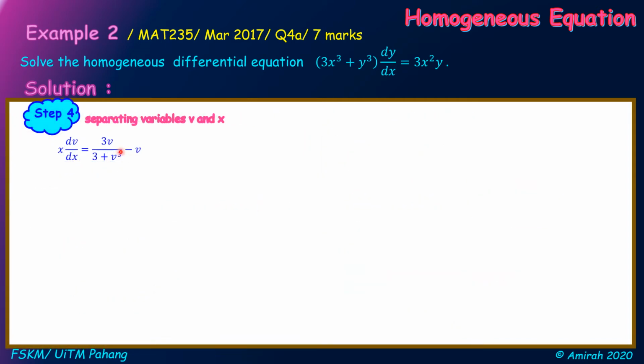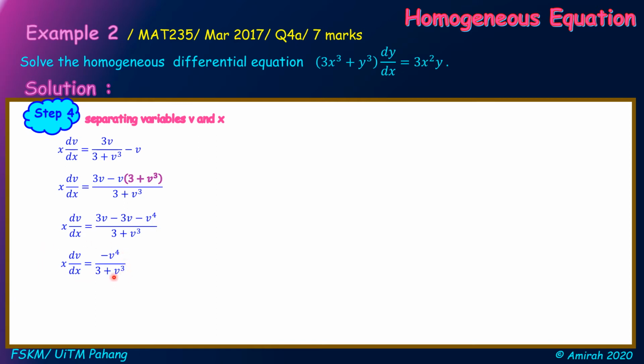From here, we standardize the denominator on the right hand side, so we have 3v minus v times (3 plus v cubed) over 3 plus v cubed. Then we expand and simplify the numerator, so we get x dv/dx equals negative v to the power of 4 over 3 plus v cubed.